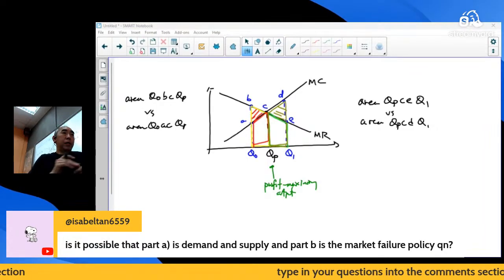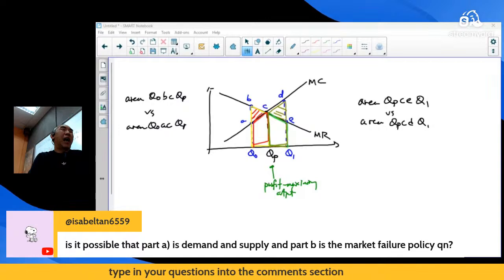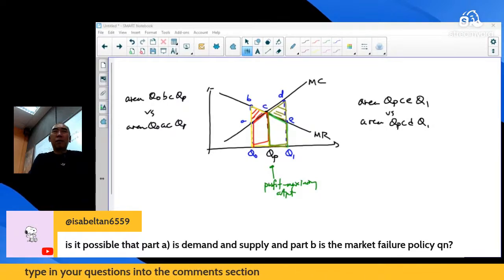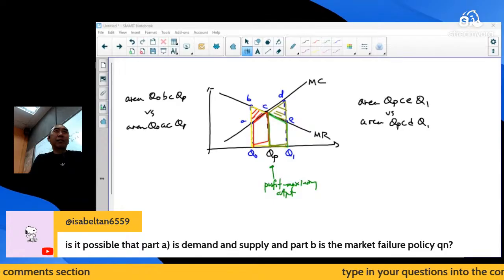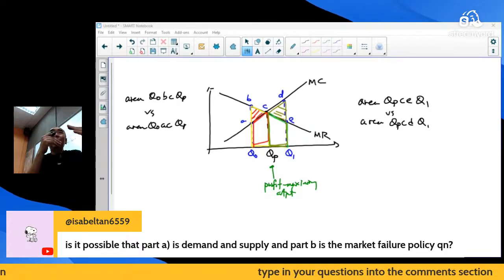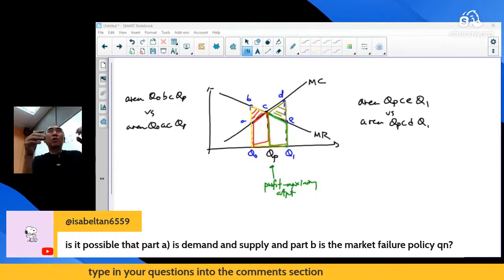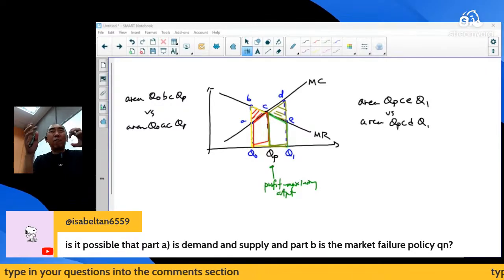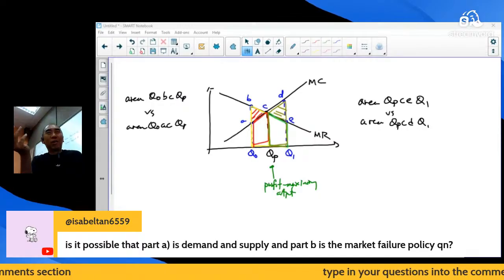Is it possible that part A is demand supply and part B is a market failure policy? I guess it's possible. Just that the flow wouldn't be a typical question, because normally when you have a policy question in part B, it is to address some problem that part A will ask you to explain.